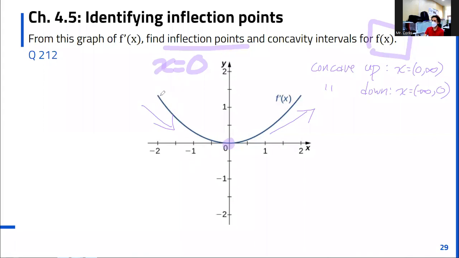So slopes are big positive numbers, less positive, slopes go to 0, and then the slopes go positive, positive, positive again. So it's basically an x cubed function like this. That's what the original function would look like. Okay, so we had one inflection point and two of these intervals, concave up and down.